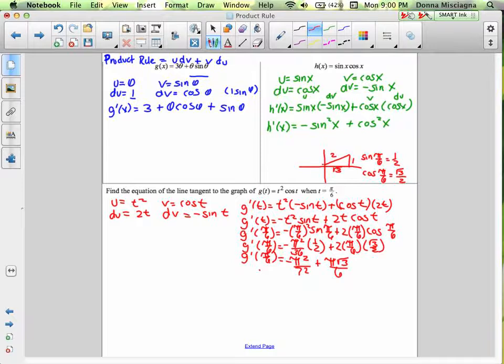But what we could do real quickly is find the y value, because we want that tangent line. So we need g of pi over 6, which is pi over 6 squared times cosine pi over 6, which is pi squared over 36 times the square root of 3 over 2, which is pi squared square root of 3 over 72.